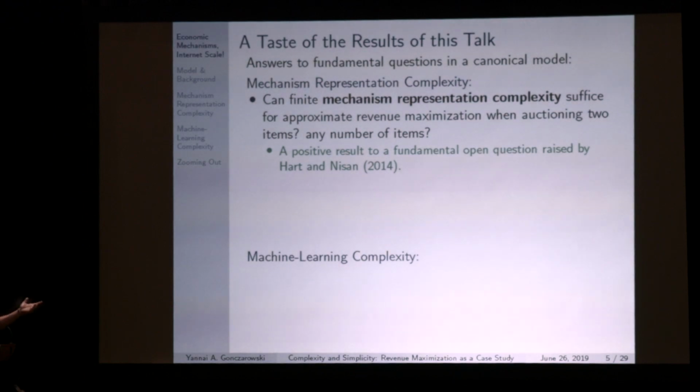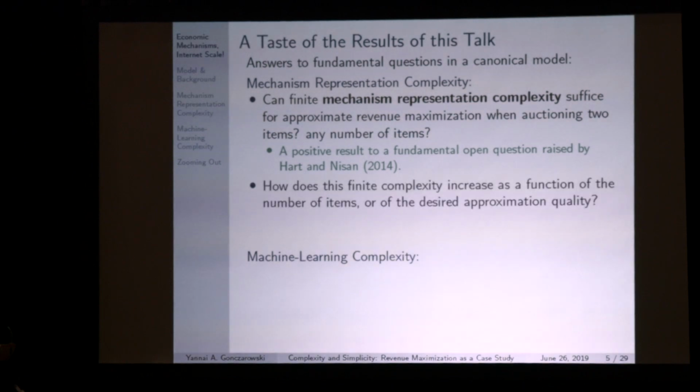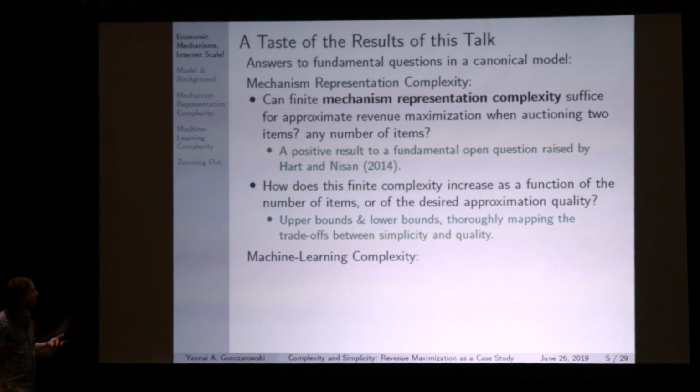And once we have a positive result, that is finite mechanism representation complexity suffices, we're going to ask how does this finite complexity increase as a function of the number of items or of the desired approximation quality. And I'm going to tell you about upper and lower bounds that thoroughly map the trade-offs between simplicity and quality in this setting.